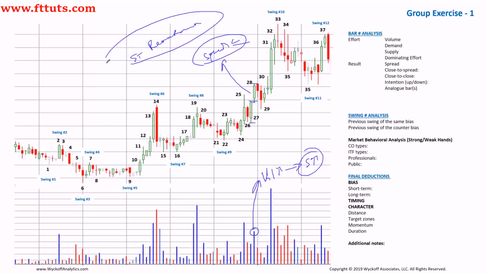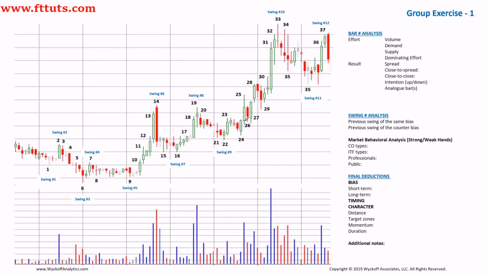We are not expecting a very big reaction. We're expecting that the supply signature is going to be lower than on bar number 26, just because supply has been absorbed in this area and supply is diminishing. We're also expecting that the reaction by itself is not going to be as deep. It was probably in line with what we've seen after the 25, but slightly less.